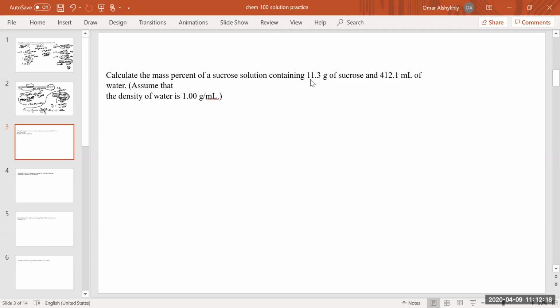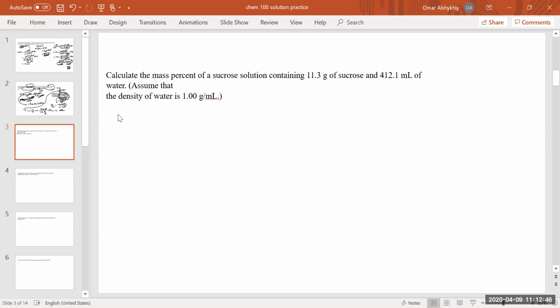Okay, so calculate the mass percent of the sucrose solution containing 11.3 gram of sucrose and 412.1 milliliter of water. Assume the density of water is 1 gram per milliliter. Okay, so here it will be similar to the first question.